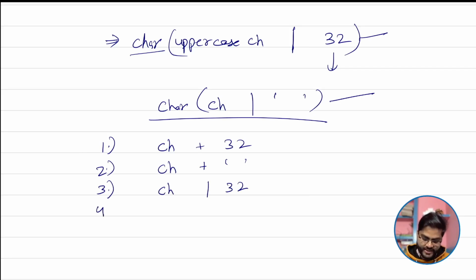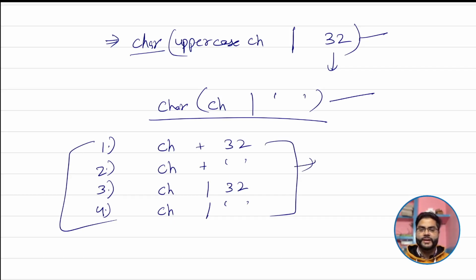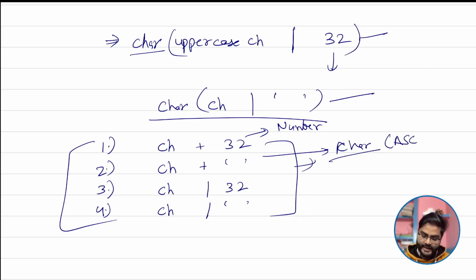Fourth: take a character and do a bitwise OR with space. All are doing the same thing. Here we are taking the number directly, and here we are taking the character value, which will be converted to ASCII and then the operation is done.